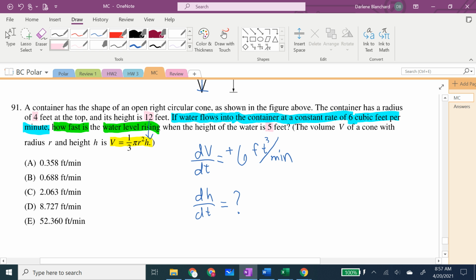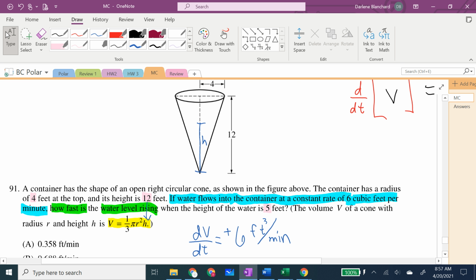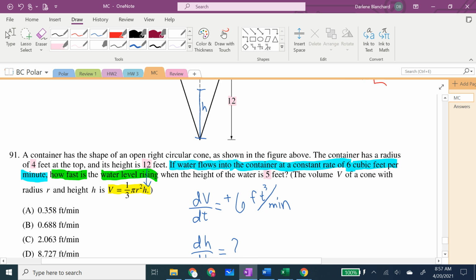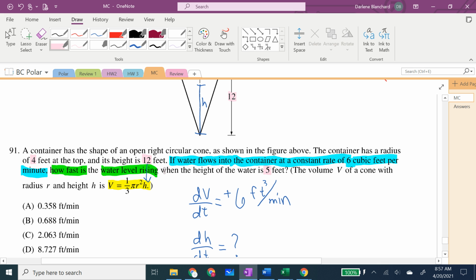These are all just lengths. They are not rates of change. Now, when I go to the picture, I see the 4 feet and the 12 feet in the diagram. The 5 feet is a when information. And I warn you, when information, never plug that in until your very last step.